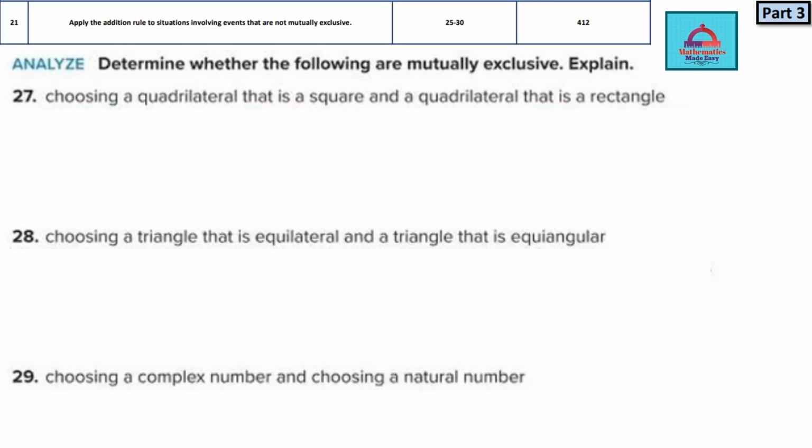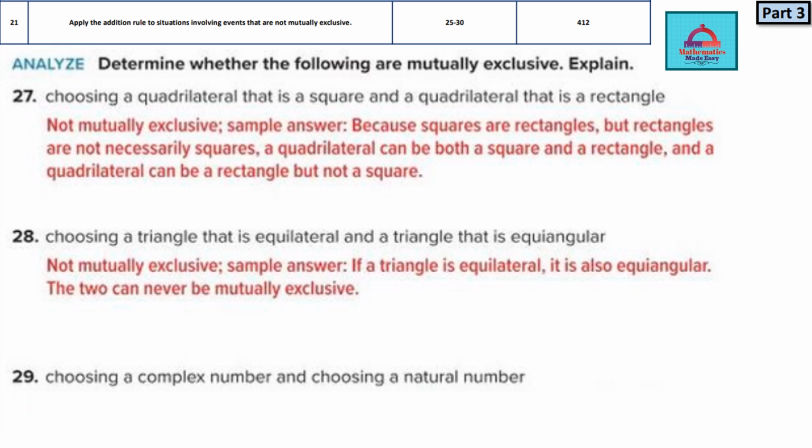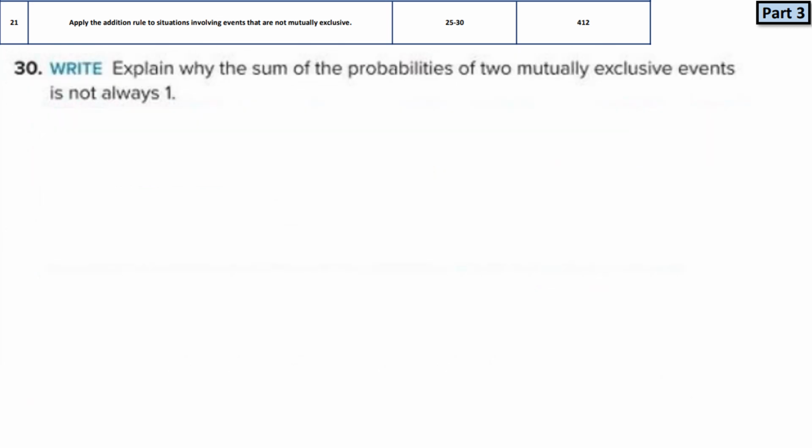Now you can check your correct answers, and as I've already told you, there can be more than one way of expressing your answer in sentence form. So when you write it in part 3 on the paper, make sure you include the important keywords. Okay. So let's now finish the last question based on this learning objective 21.